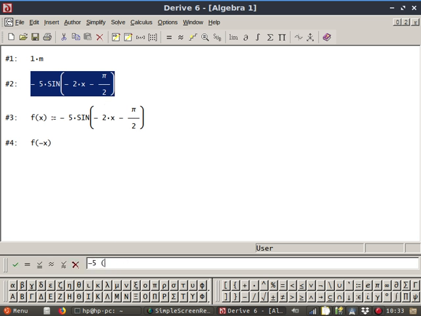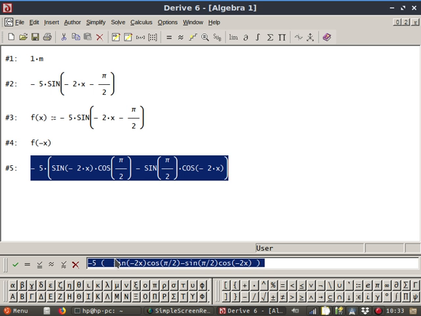Minus 5, sine A cos B minus sine B cos A, like that. The A is minus 2x.